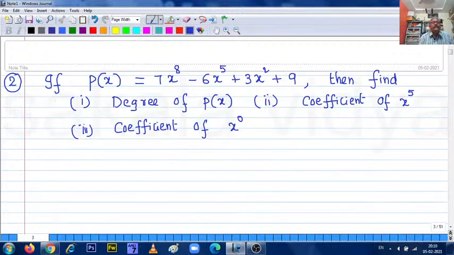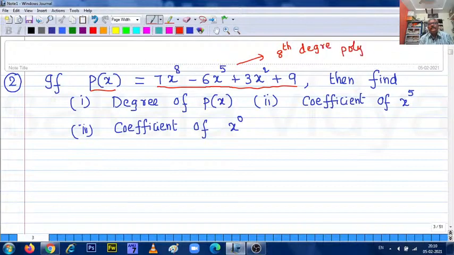Right. So p of x is given as 7x to the power of 8 minus 6x to the power of 5 plus 3x square plus 9. So its degree is actually 8. This is called an 8th order polynomial or 8th degree polynomial.